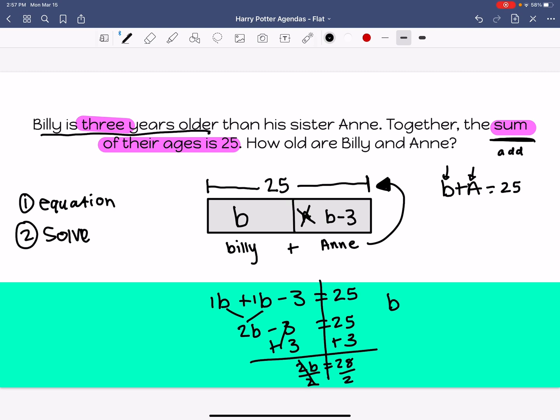So Billy's age is 14, and Ann's age was Billy's age minus 3. So 14 minus 3 is 11. And now we can say 14 plus 11, is that 25? 14 plus 11 is 25, so we were correct.